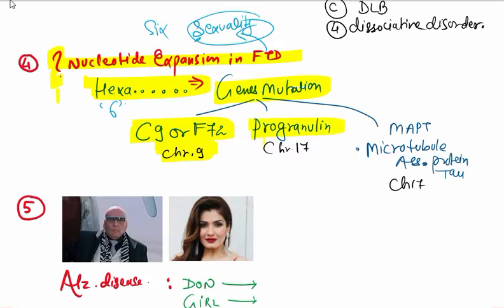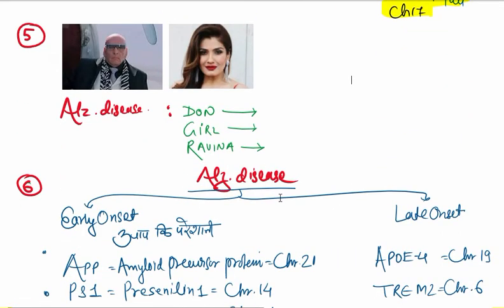Progranulin is on chromosome 17. And MAPT, this is microtubule associated protein tau, on chromosome 17. So these three genes have to be remembered for FTD, along with hexanucleotide expansion.